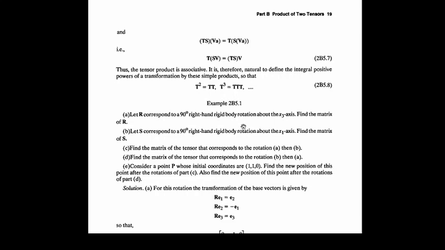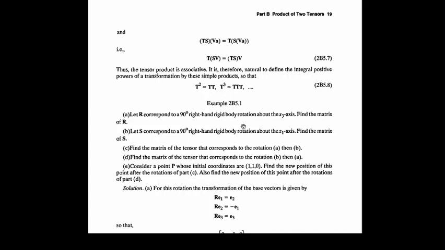So you have RE1 equals E1 cosine theta plus E2 sine theta plus E3 with the coefficient cosine of the angle between E1 dash and E3. Well, this is 90. Why is it 90? Because E3 and E3 dash are parallel to each other.